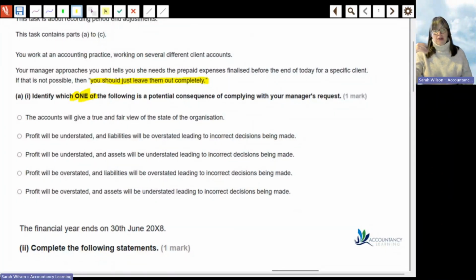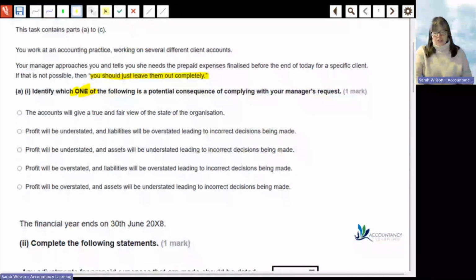So if we don't prepay those costs, it means the full cost of, say, that insurance policy is sitting in that year-end figure. So that will increase the cost to the business, and therefore it would mean that our profit would be lower.